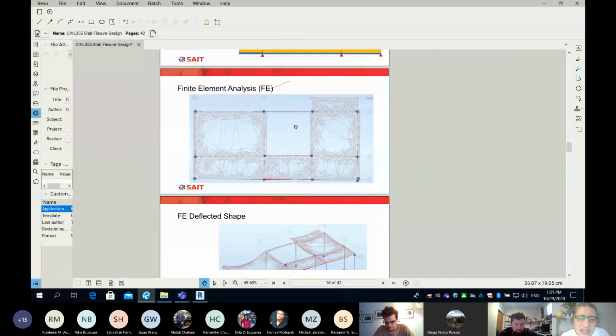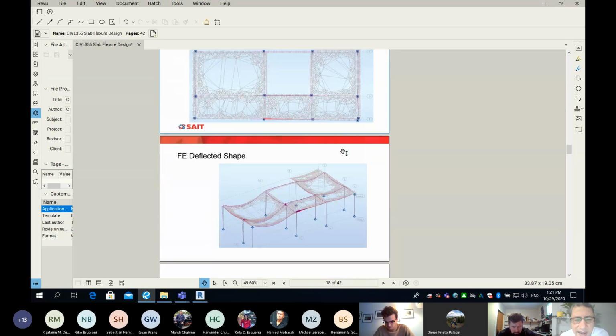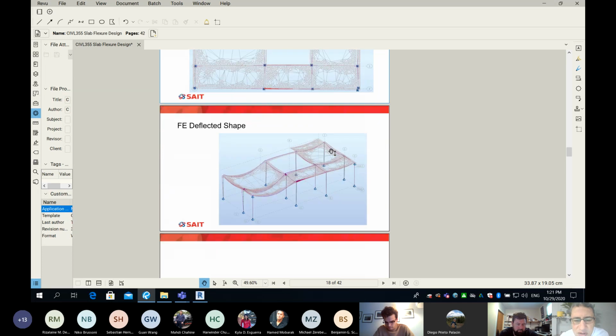They apply the load, turn the structure into a matrix, and solve the matrix for the deformation and the internal forces, and we're able to find all the internal forces and all the deformations.